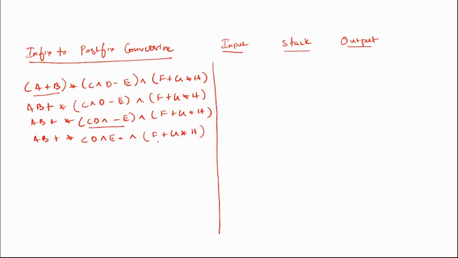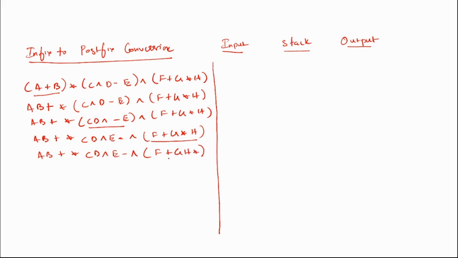Therefore, now the only parenthesis that is left is this one. In this also we need to evaluate first g and h, g star h, and then plus, right? So I will write the rest of the expression as it is. cd to the power e minus to the power, I will say here f plus gh star, correct?